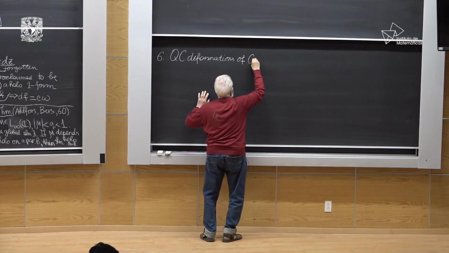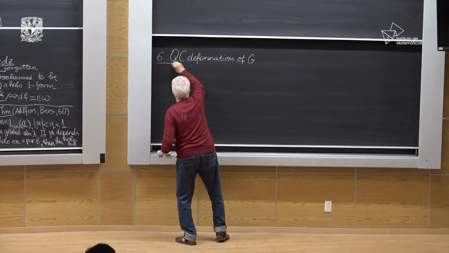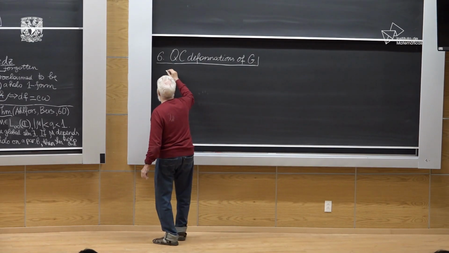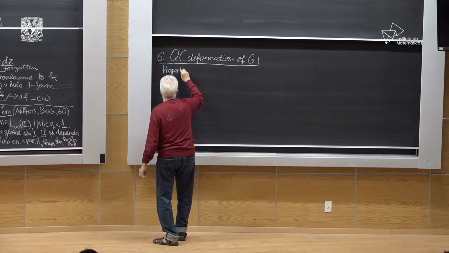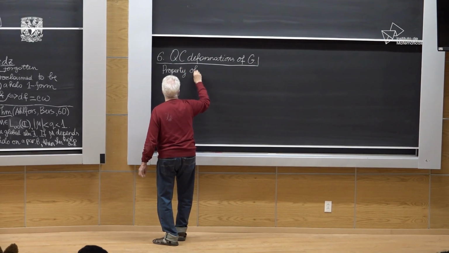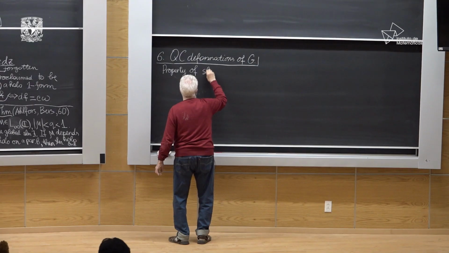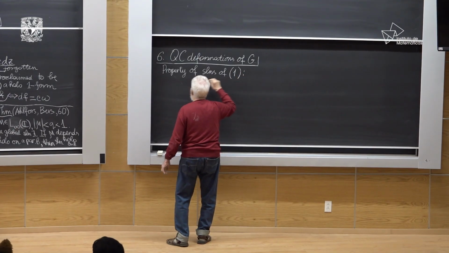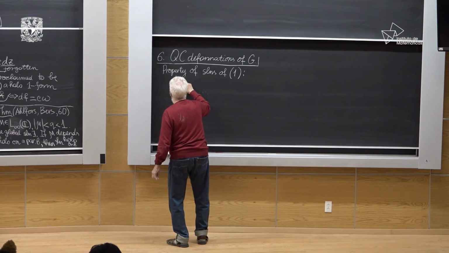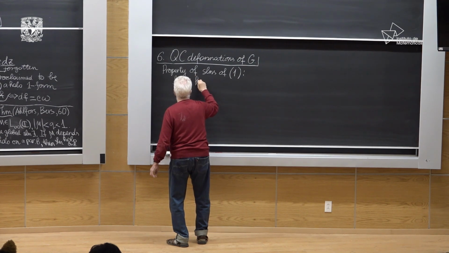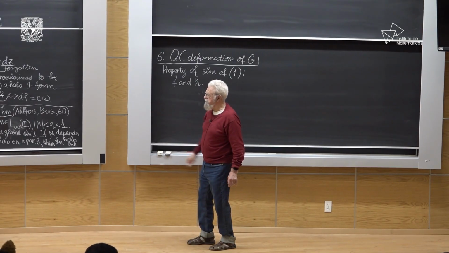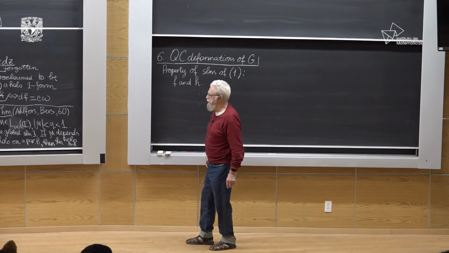of a group G. First of all, I will give you a remarkable property of solutions of the Beltrami equation. Say f and h. So both f and h satisfy the Beltrami equation.